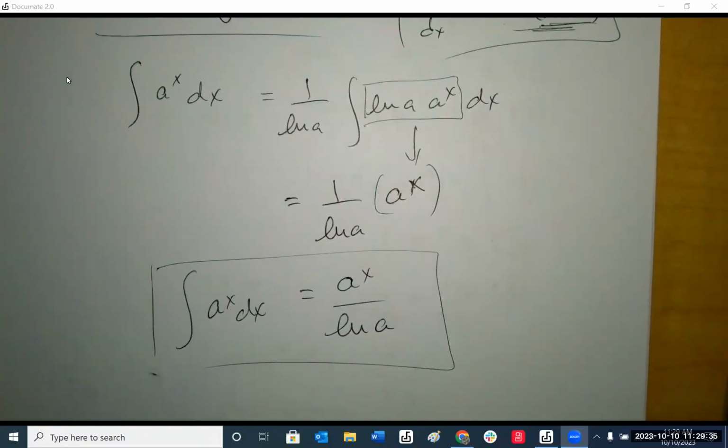So there's our rule for integration for that, plus c. I forgot, this is an indefinite integral.